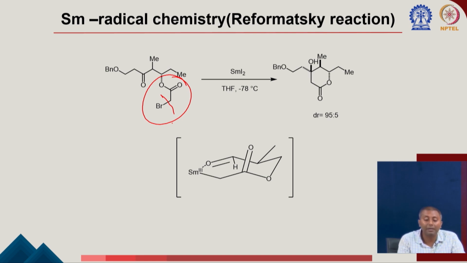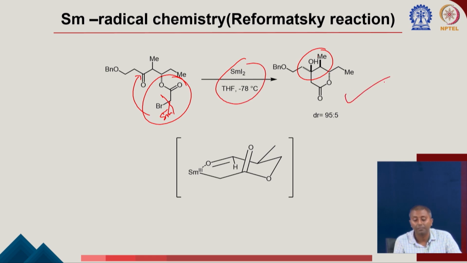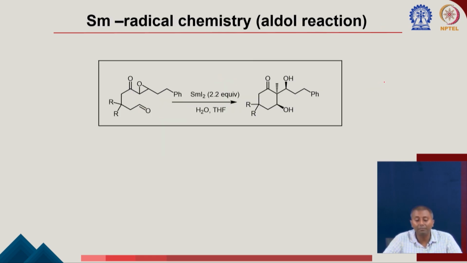And now that corresponding samarium species is going to add to this corresponding carbonyl group to form the alcohol. Okay. So it is some sort of Reformatsky reaction. We have learned about the Reformatsky reaction using zinc, but here we are using samarium for the same transformation as well.